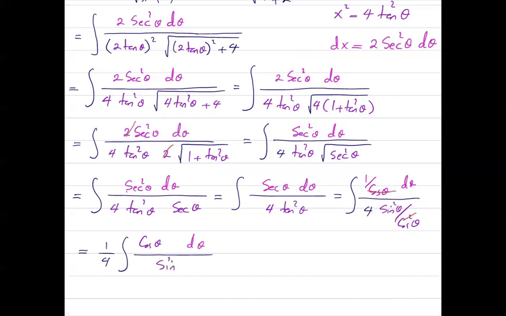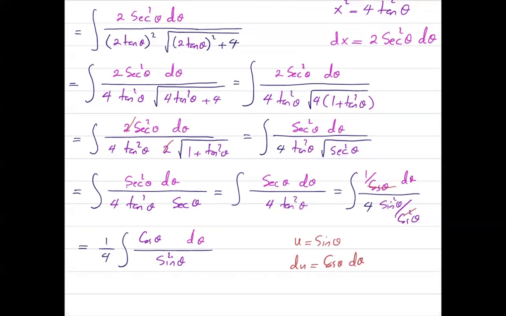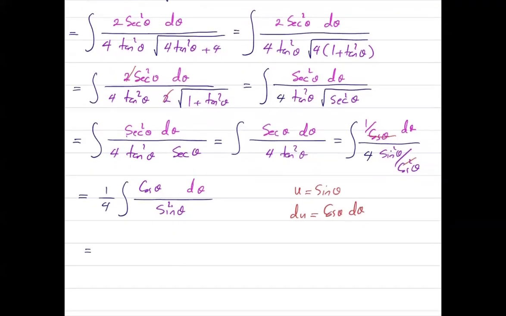And this is a simple u substitution for you. Take u to be sine theta. du is cosine theta d theta. So this integral in turn can be written as 1/4 integral of du divided by u squared, which is 1/4 times negative 1 divided by u plus constant of integration, or in turn, it can be written as negative 1 over 4u plus c.